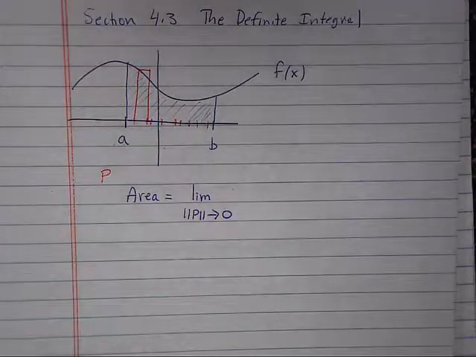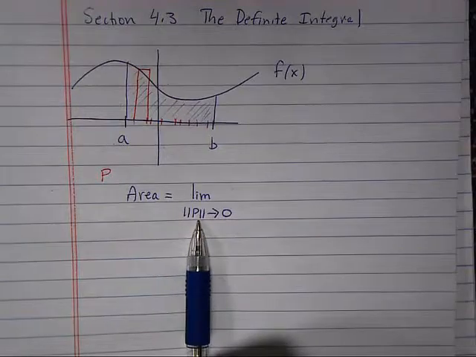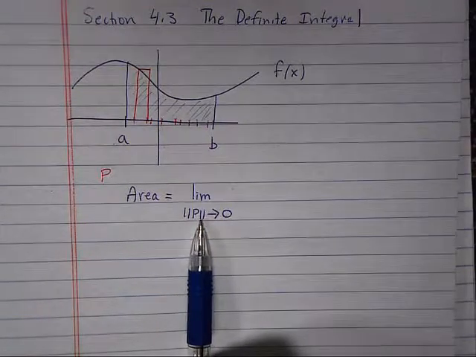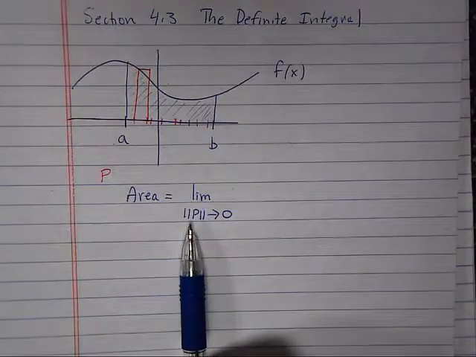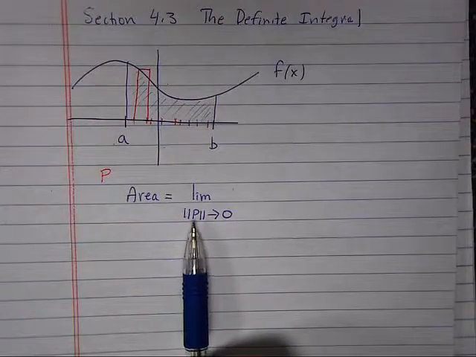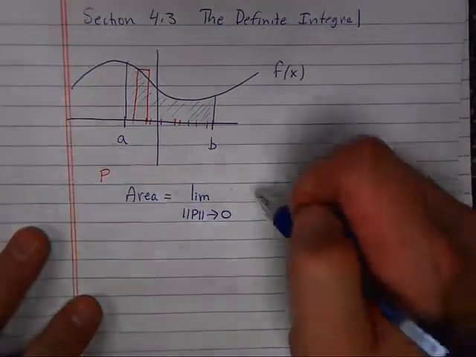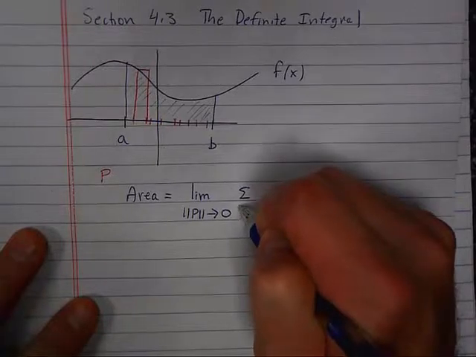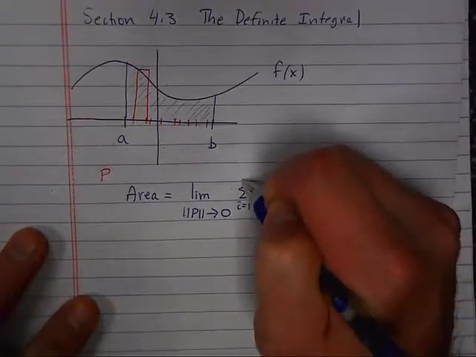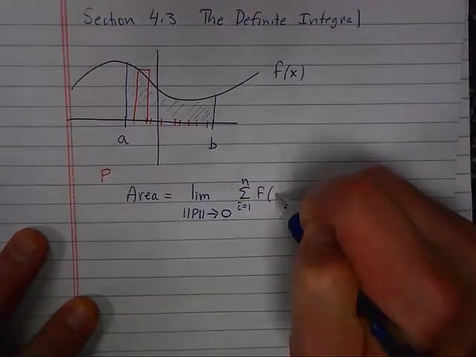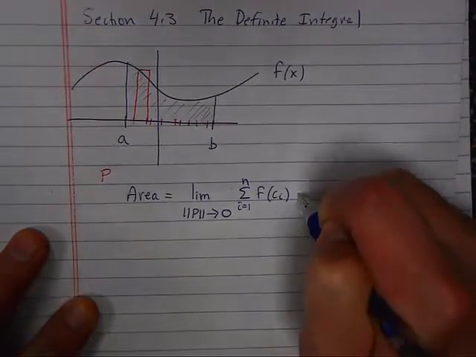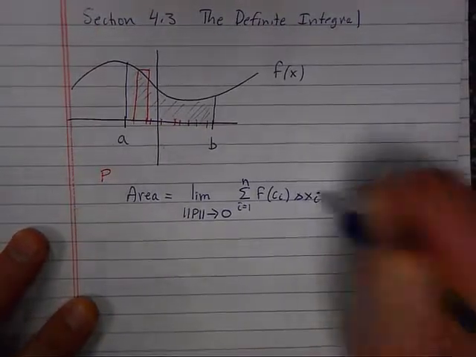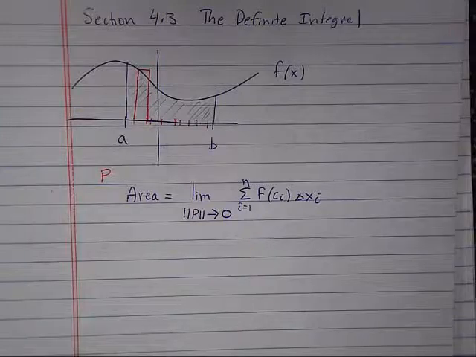And all that means is, this is a symbol to say, make more rectangles, but make sure that all of your rectangles are getting smaller. They don't necessarily have to be the same size, but they're all getting smaller. And then they're going to have sum from i equals 1 to n, f of c sub i, delta x sub i. Okay, so what does all that stuff mean?